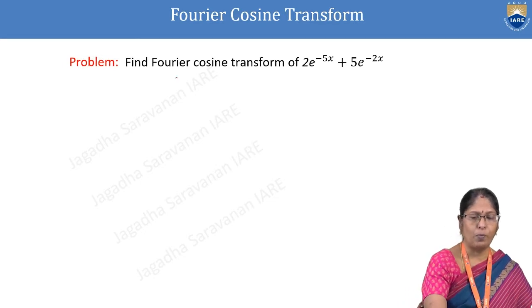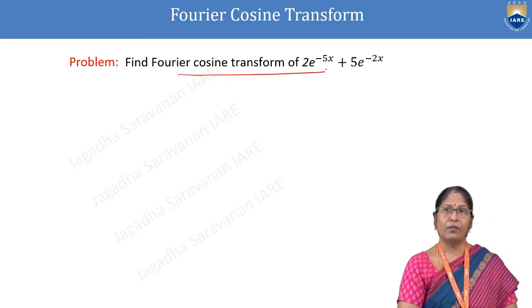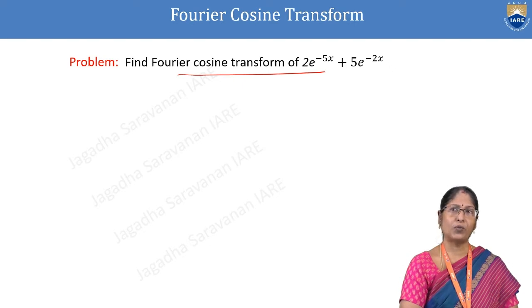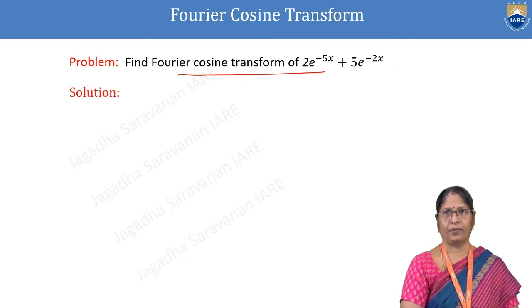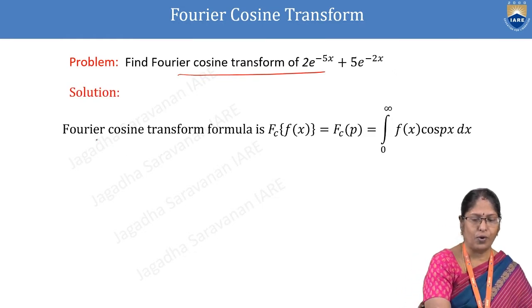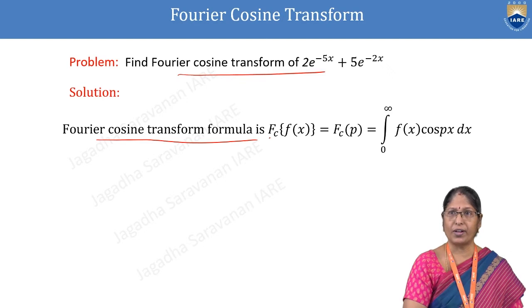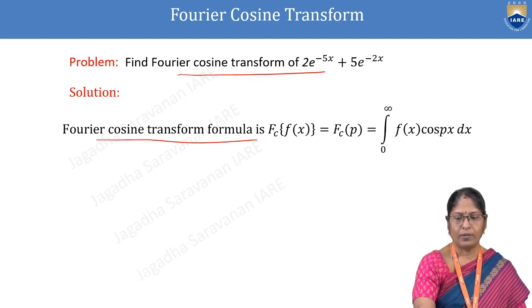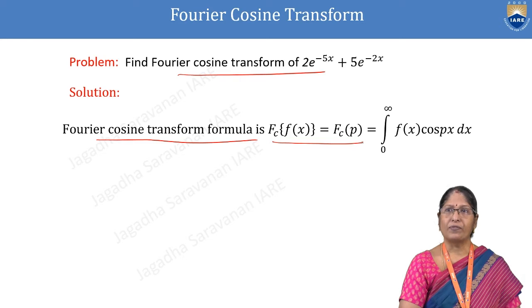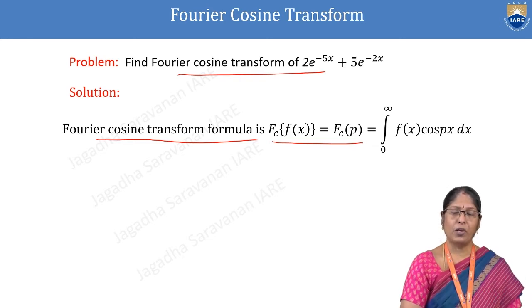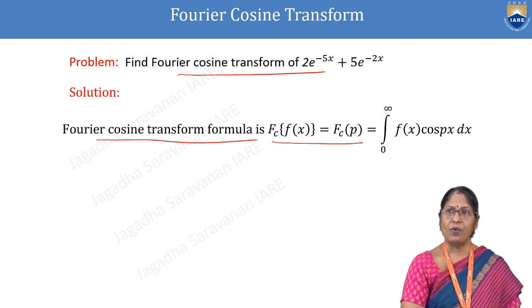So the problem is: find the Fourier cosine transform of 2 into e power minus 5x plus 5 into e power minus 2x. The Fourier cosine transform formula is Fc of f of x equal to Fc of p equal to integral f of x into cos px dx.